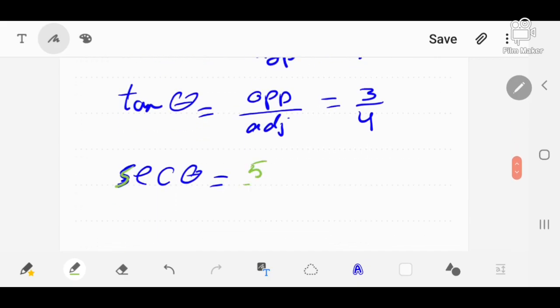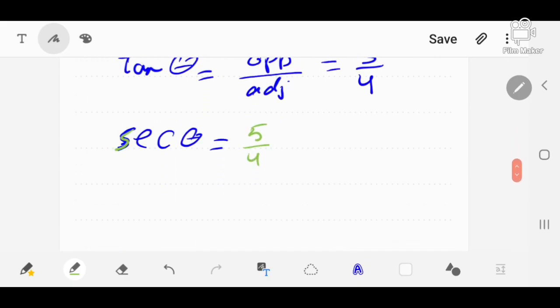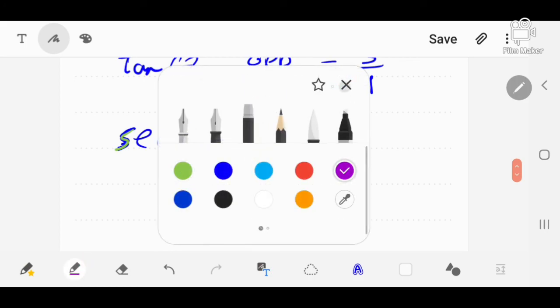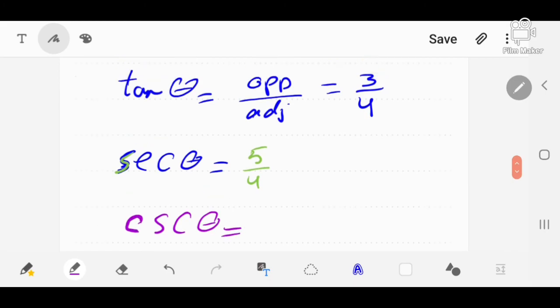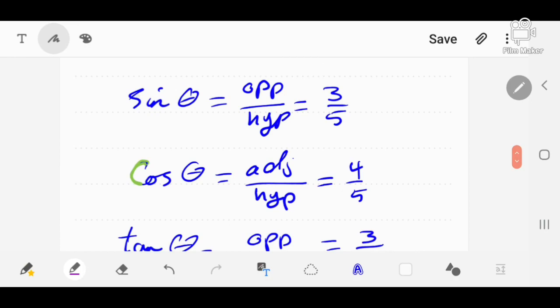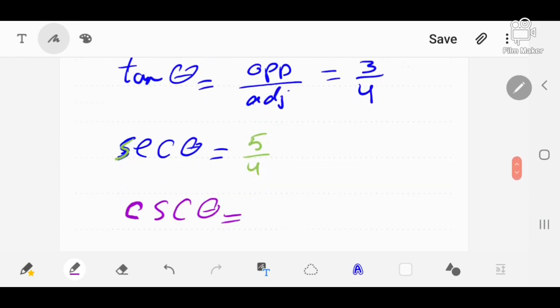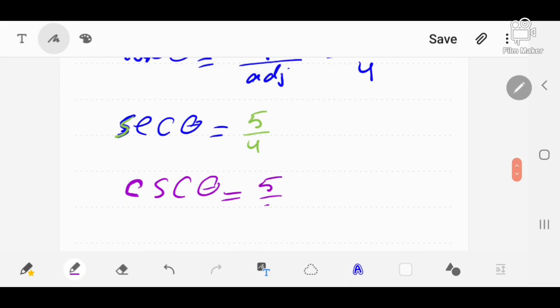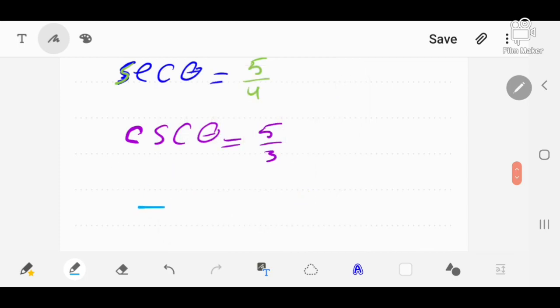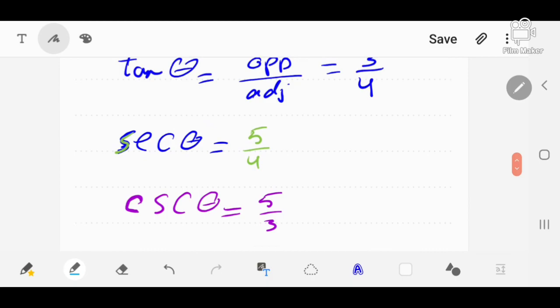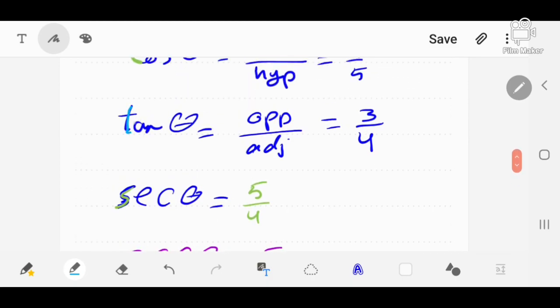The cosecant starts with c, so it's a reciprocal with what starts with s. So it's a reciprocal of sine, so it will be 5 over 3. Tangent and cotangent. So cotangent theta is a reciprocal of tangent theta, so it's 4 over 3, and so on.